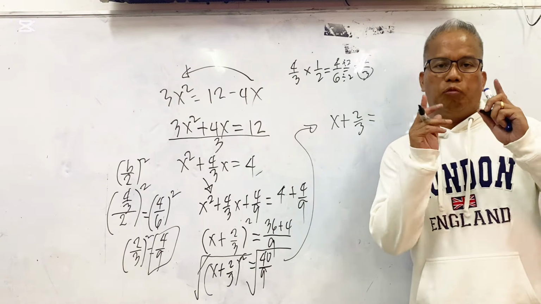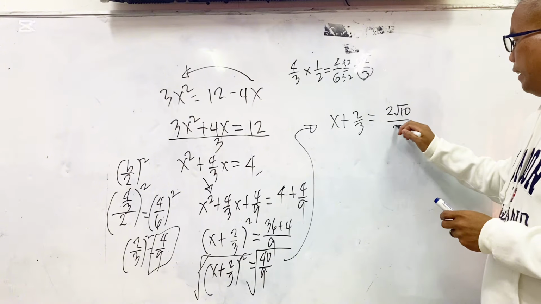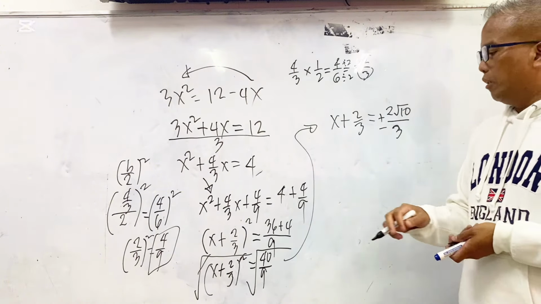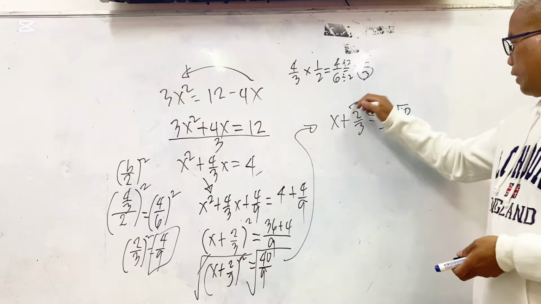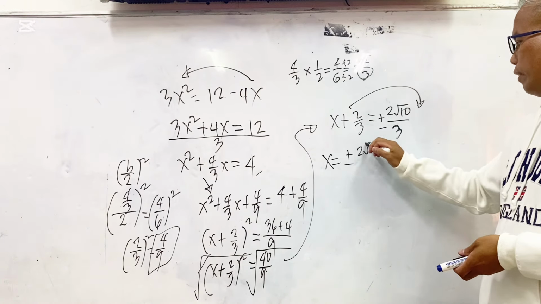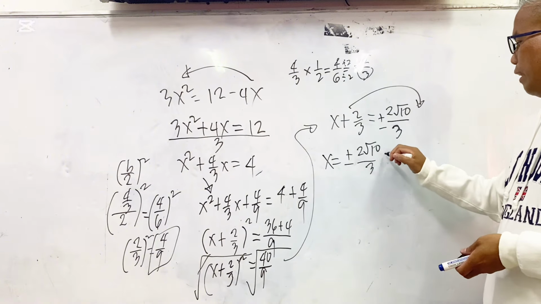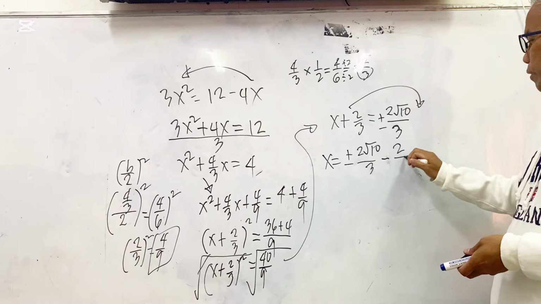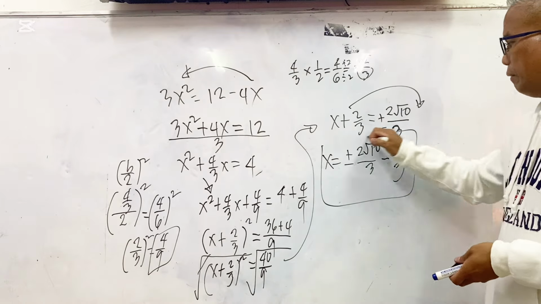So we have now 2 square root of 10 all over 3. So we have now positive, negative. Then to find the value of x, we transpose this. X is equal to positive negative 2 square root of 10 over 3 minus 2 over 3. So this is now your final answer.